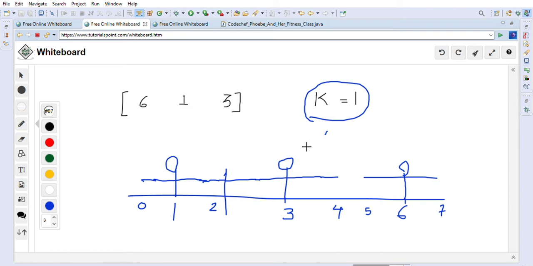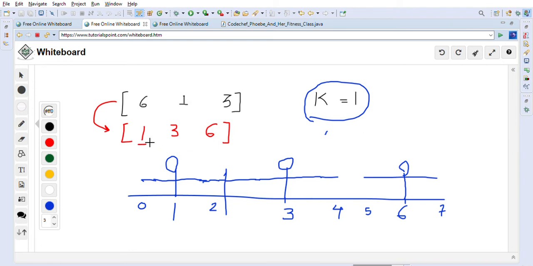To solve this problem, what we will do is first take this array and sort it. So we will take the sorted array 1 3 6. This sorting is required to solve this problem, because after sorting we will go one by one and make sure that after putting the hands on the sides, they are not overlapping.